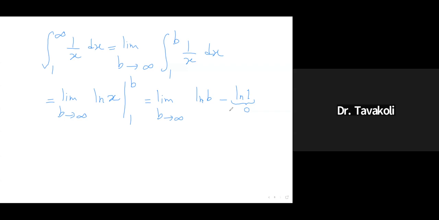How about ln of b? This is something that you have seen in Calc 1, that ln of b, or logarithm of b, as b tends to infinity, is also infinity. So this is infinity. And obviously infinity minus 0 is infinity. So we got infinity. We didn't get a number. So what should we do? Go back here.